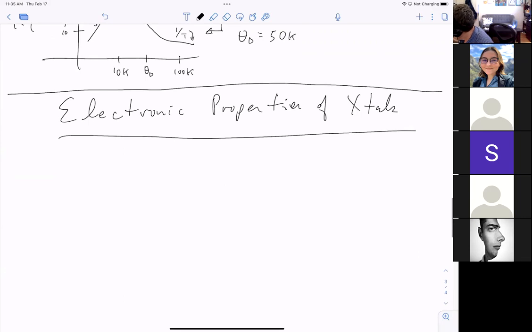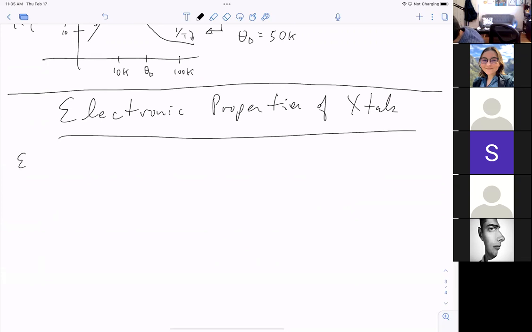We only talked about electrons in terms of bonding and how they provide the glue that holds together crystals. We talked about covalent bonding, ionic bonding. Remember, we talked about that very early on. But now we're going to talk about electrons, because electrons can do more than just hold a crystal together. The electrons can move around in a crystal and conduct.